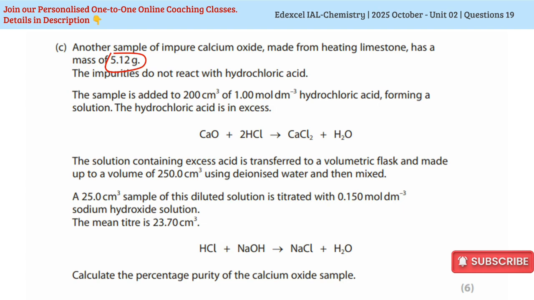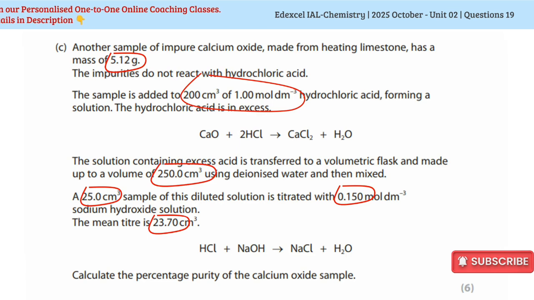The solution containing excess acid is transferred to a volumetric flask and made up to a volume of 250 cubic centimeters using deionized water and then mixed. A 25 cubic centimeter sample of this diluted solution is then titrated with 0.15 mole per cubic decimeter sodium hydroxide solution. The mean titre is 23.7 cubic centimeters. Calculate the percentage purity of the calcium oxide sample.